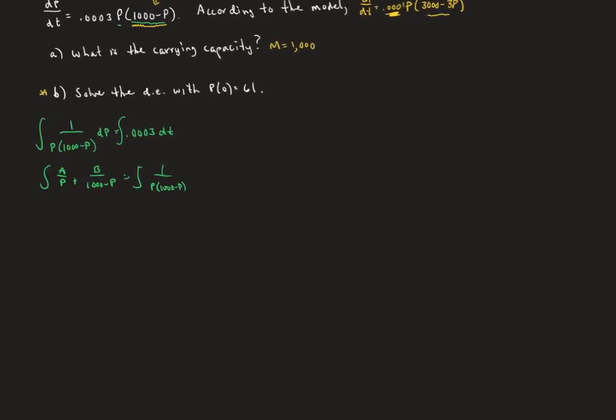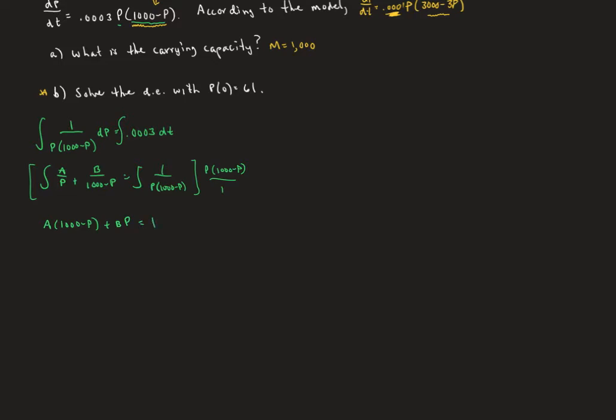So then we're going to solve for the A and the B. So we're going to multiply through here by that common denominator of P times (1,000 minus P). So that's going to give us A times (1,000 minus P) plus B times P, I can just write that as BP. And that's going to equal the 1 on the other side of the equal sign.